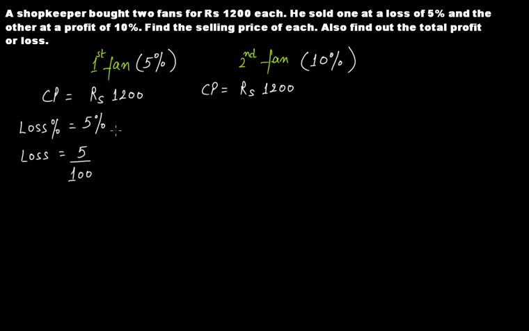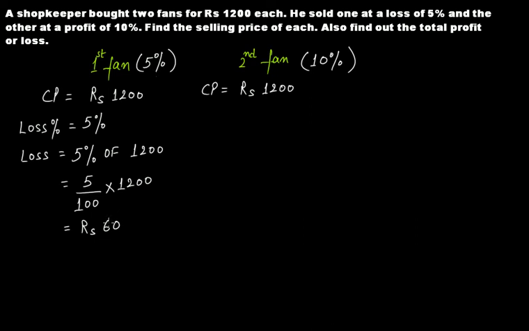The loss you make is 5% of the cost price, that is rupees 1200. So the loss you get is 5 by 100 multiplied by 1200. So the loss is rupees 60.